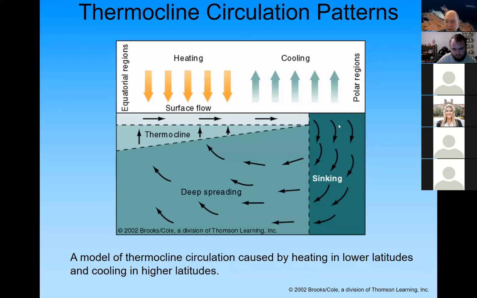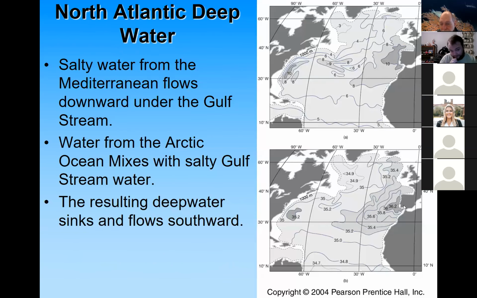And so this sinking effect is what is responsible for most of the formation of deep water. So deep water is forming in the North Atlantic, where you have high saline water, relatively salty water, a lot of it coming from the Mediterranean, moving northward and mixing with this colder water.